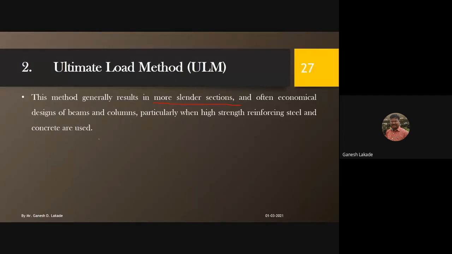But in the ultimate load method, you consider the maximum or ultimate load and the ultimate strength of the material, so we are able to reduce the section sizes. You will get economical sections, or smaller sizes, for beams, columns, slabs, etc., and it provides an economical design.